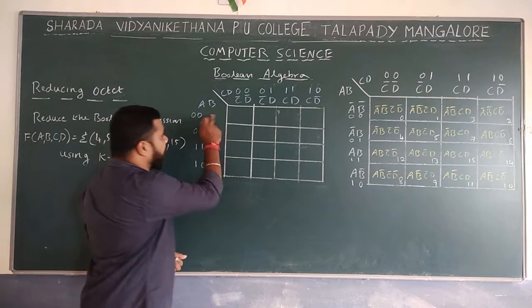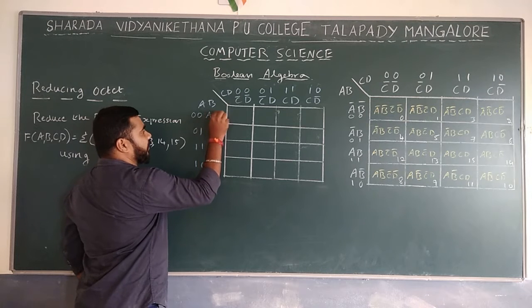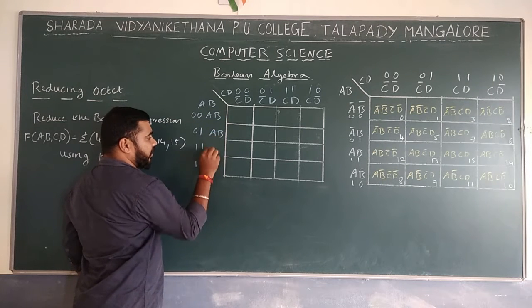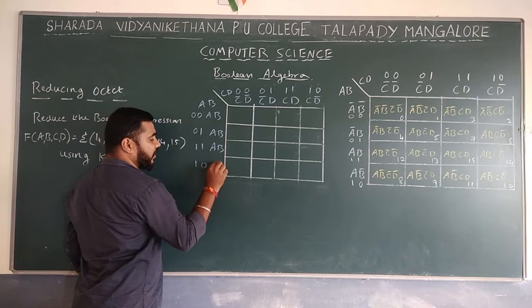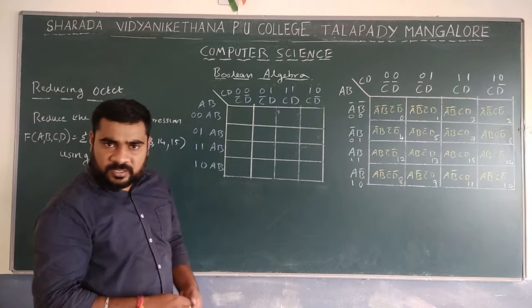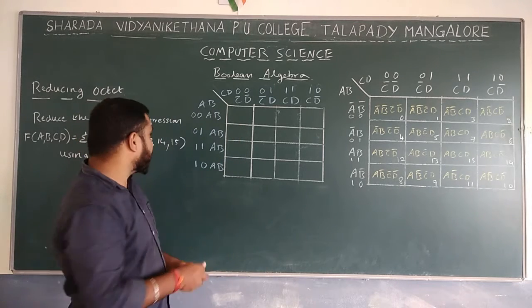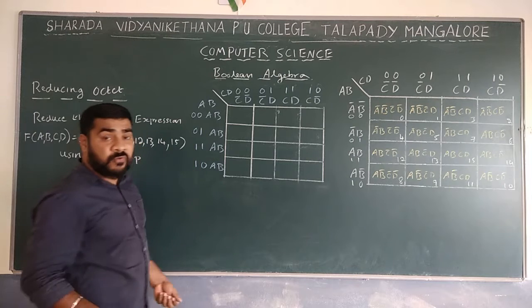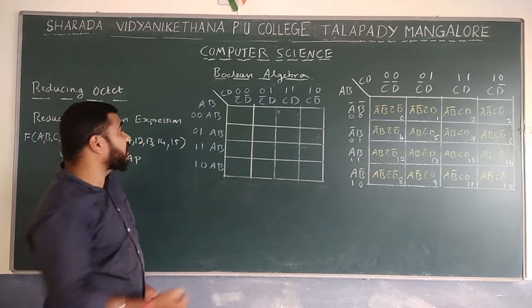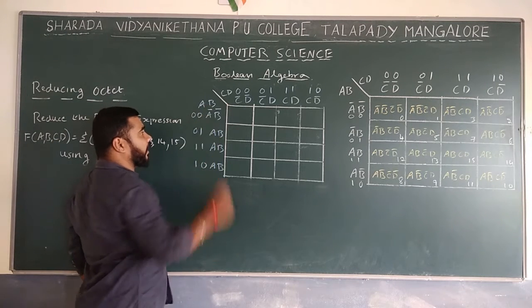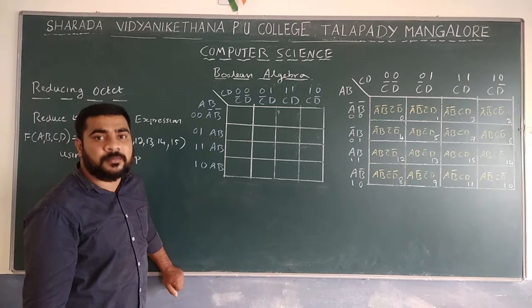Next, A and B. In every case I write A and B, because all the A, B values are the same, but then we have to mark which cases have a dash or bar. The first one is 0, 0. Both values are 0, and whenever 0 is there you have to put the bar, so A bar B bar, or A dash B dash.